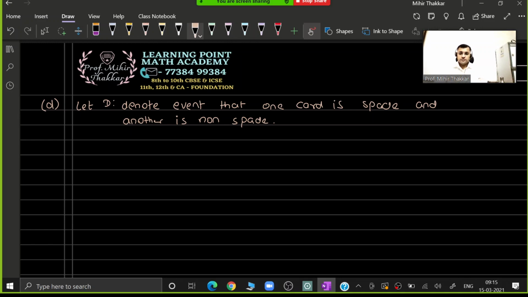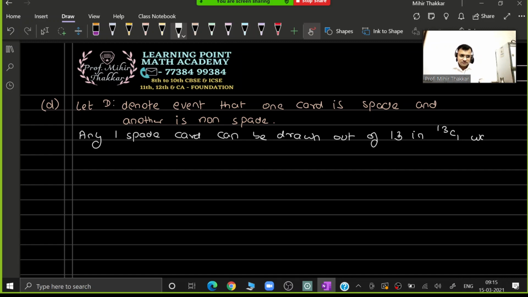So over here, when I want to find n of D, I have to write some statements. I have to say any one spade card can be drawn out of 13 in 13C1 ways.